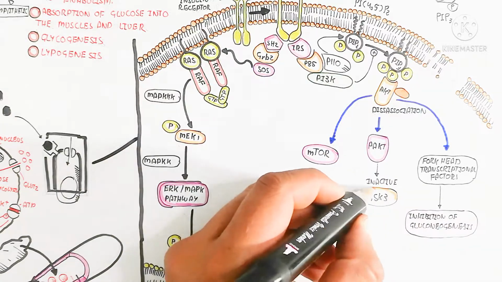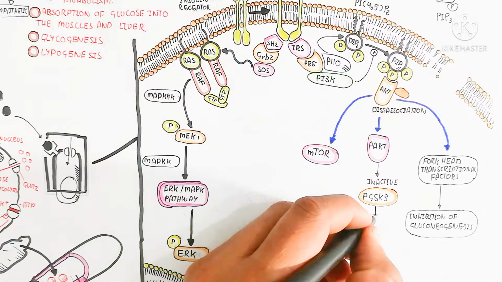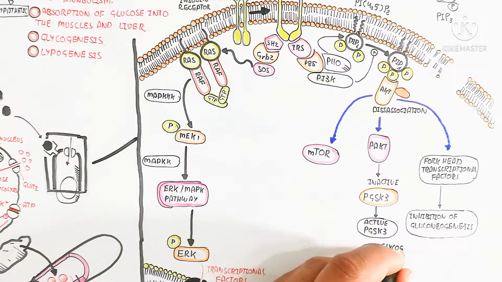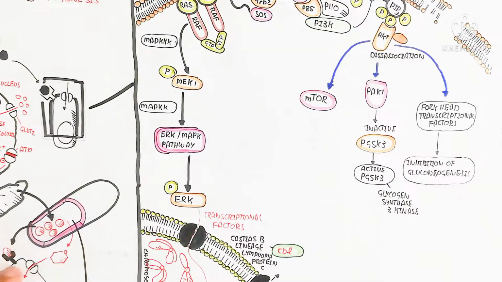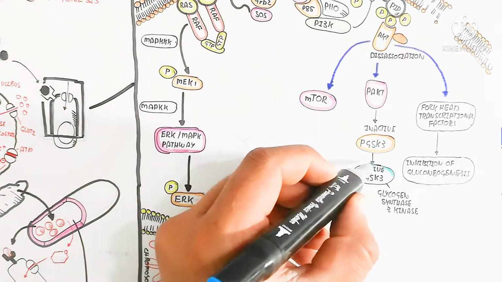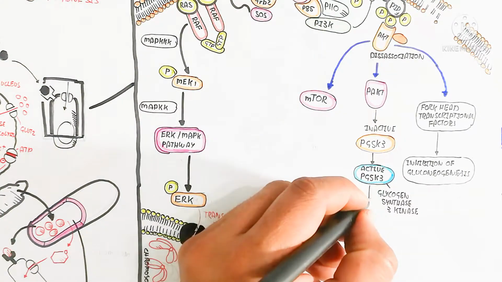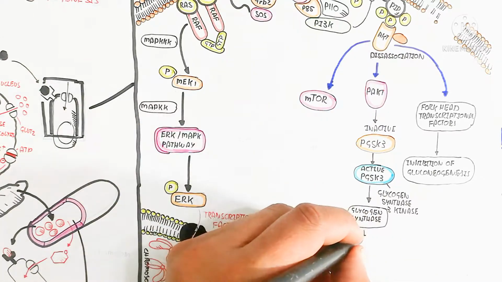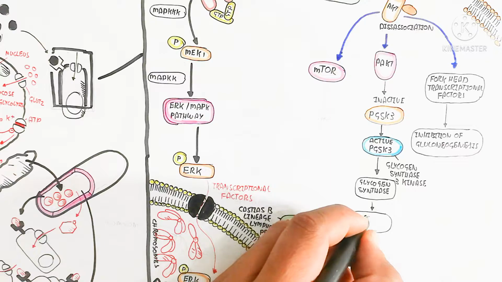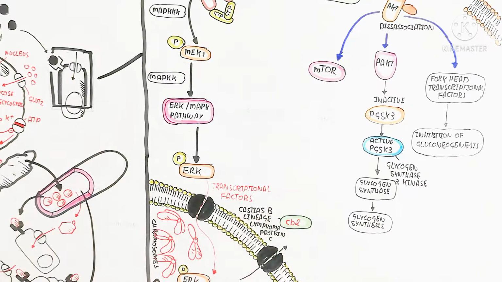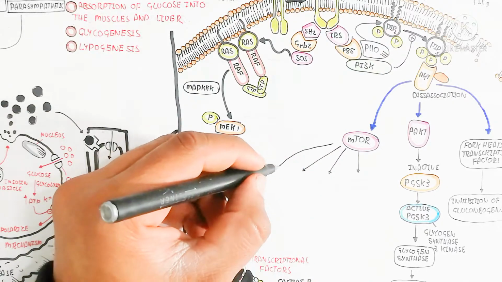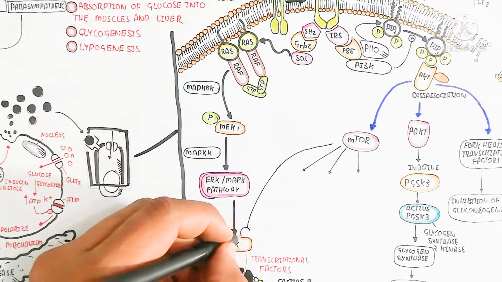This forkhead transcriptional factor will inhibit gluconeogenesis, and the gluconeogenesis-related enzymes will be inhibited through transcription inhibition, while here GSK3 will be inactivated, allowing glycogen synthase to become active, and this glycogen synthesis is very important for this mechanism.